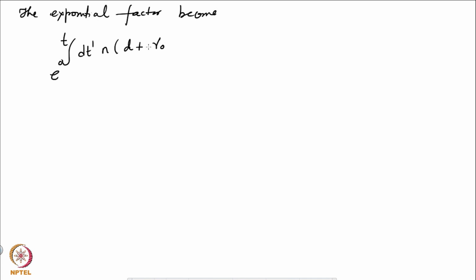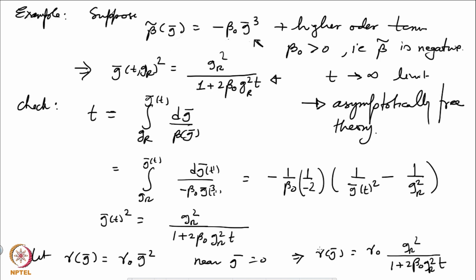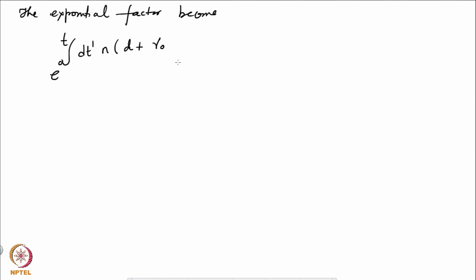So that was there, n d, and here it was gamma, and I am putting the expression of gamma that I have just now calculated here, right? It's gamma naught times this. So gamma of g bar I have to put here. So gamma naught times gr square over 1 plus 2 beta naught gr square t prime.